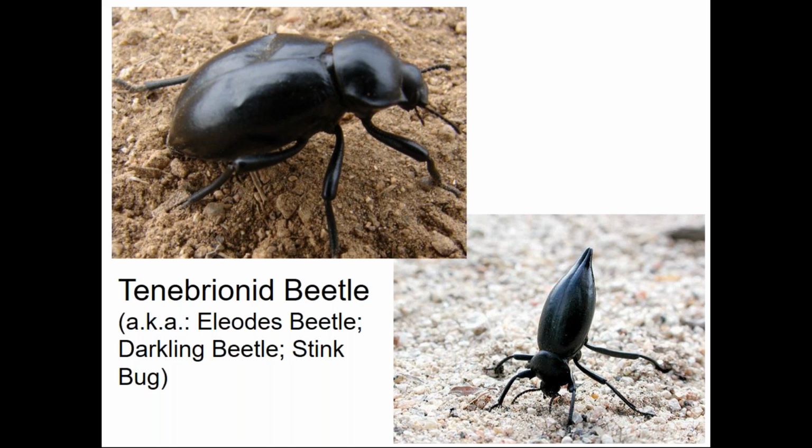Most of them, not all, but most of them are in the family Tenebrionidae, so I like to call them tenebrionid beetles. Many of them, again, not all, but many or most are in the genus Eleodes, so you could call them Eleodes beetles. I like to call them darkling beetles. I think it's a good generic name for this group of black beetles that have no wings and are grounded, and some members or species in this group do stink.